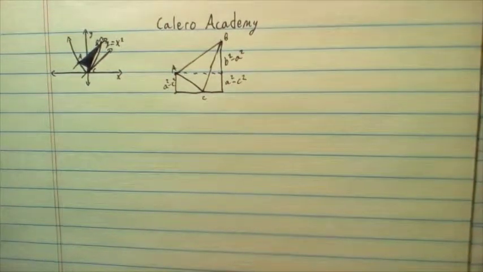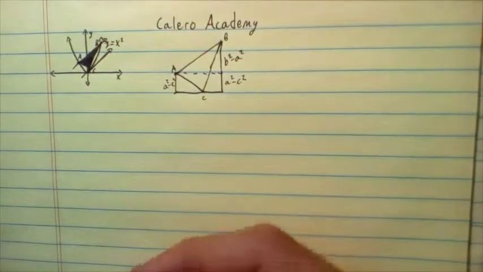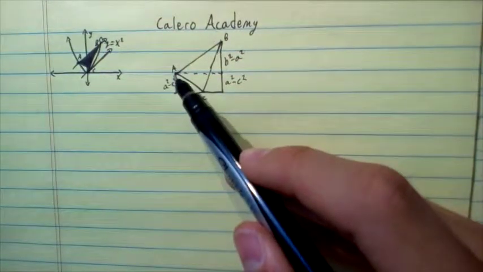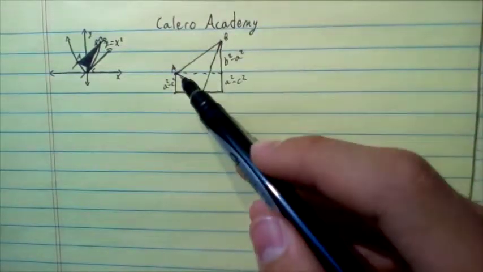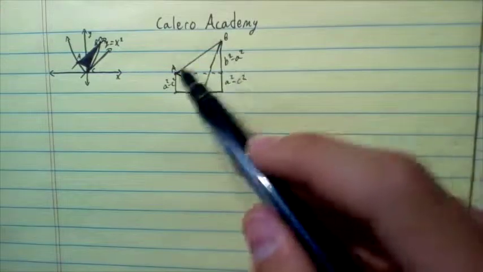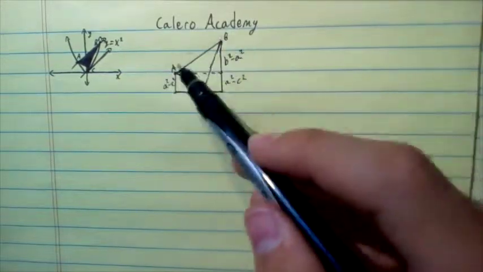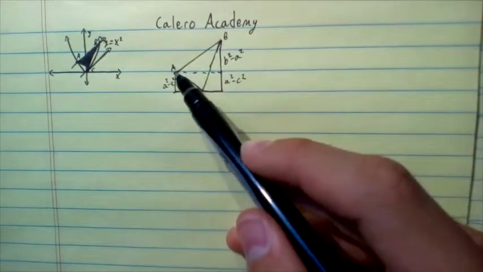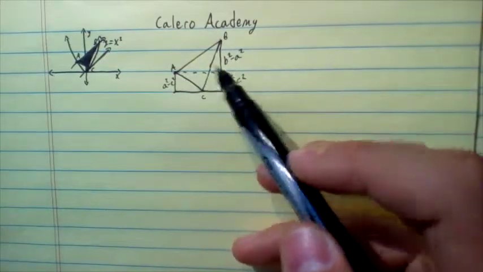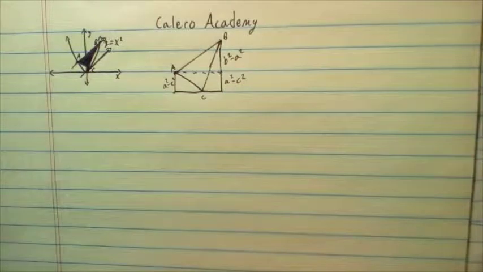We've gotten that, so how does this help us? What we do is we find the area of this entire quadrilateral. We add up the rectangle and this right triangle, and we subtract from that these two triangles.